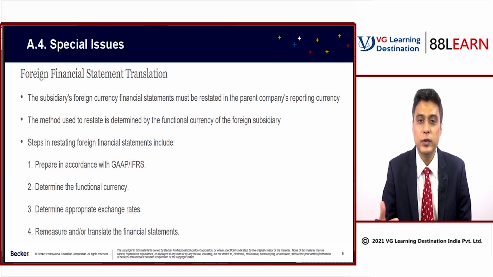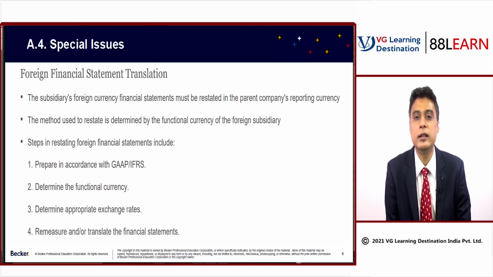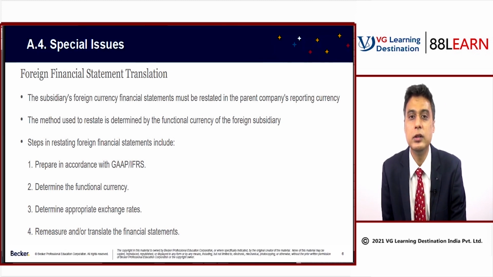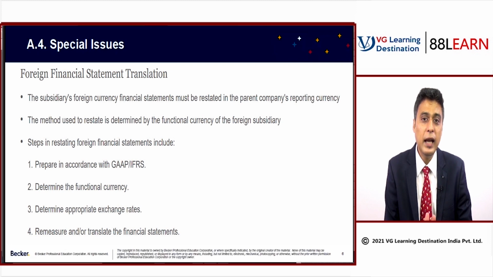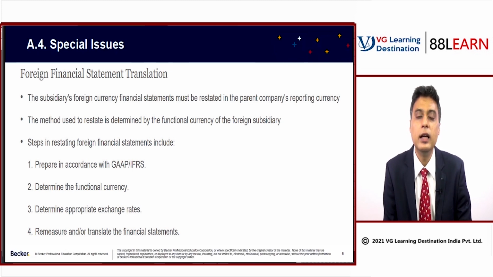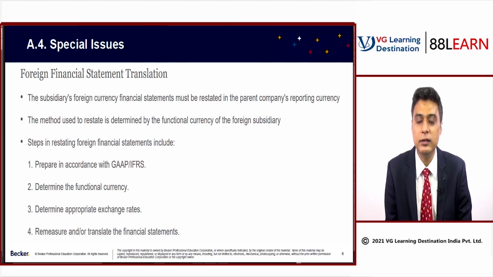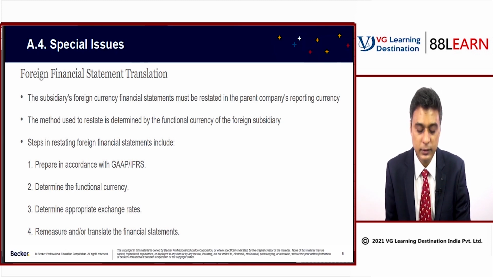Answer is no. So first determine whether the currency in which the subsidiary's financials are prepared at this moment is the functional currency of that foreign subsidiary or not. If it is not the functional currency, then the first step is to convert it to functional currency. And if it is already the functional currency, then the only step required is to convert the functional currency into the reporting currency.